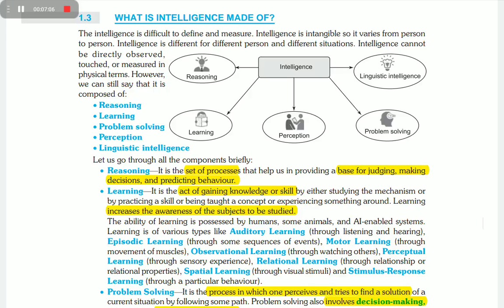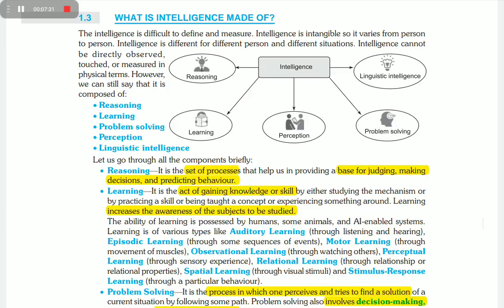That is a base for judging, making decisions, like judging a person as bad or good, and predicting behavior, meaning how he talks to us. If he talks to us nicely, we will find him good, and if he talks to us badly, then we will find him bad.